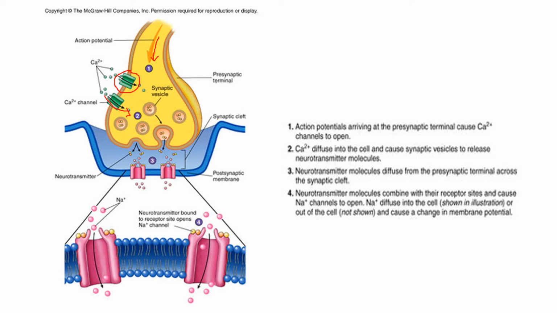In this presynaptic terminal you will see synaptic vesicles that, when they are released through exocytosis, release neurotransmitters that bind to the receptor sites. These receptor sites open and allow the influx of sodium into the cell in the postsynaptic membrane. Just like your neuromuscular junction, this is how your receptor sites open.